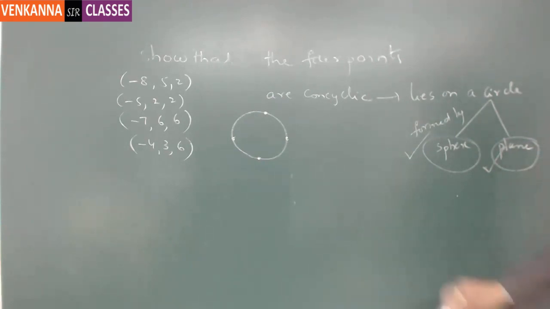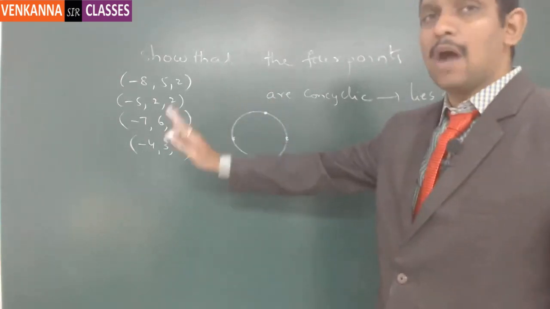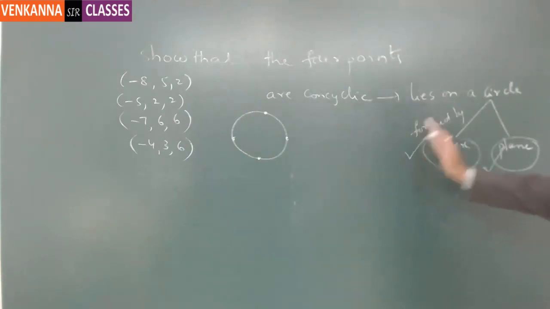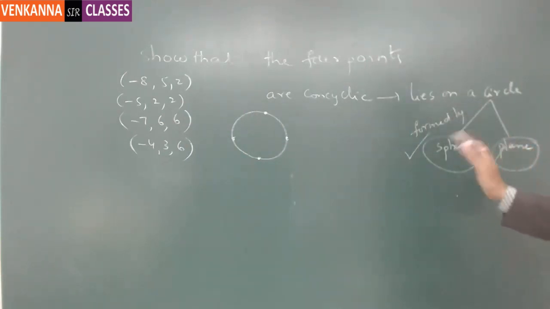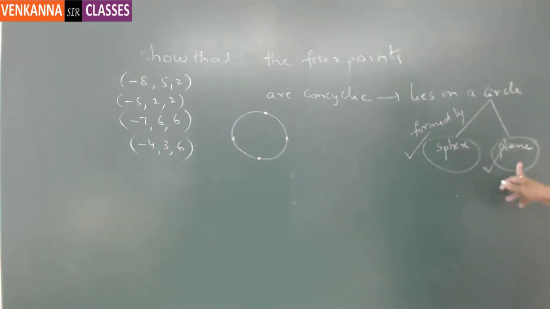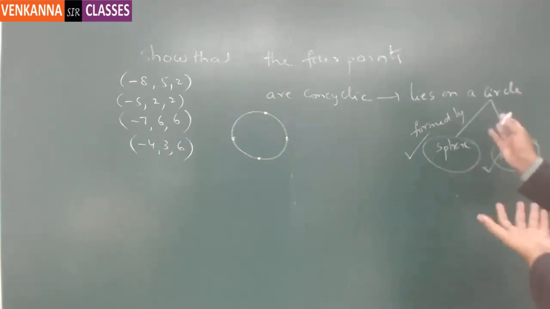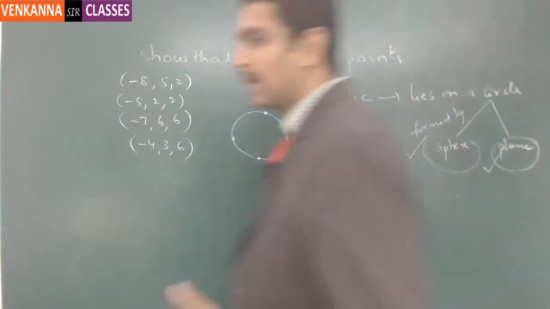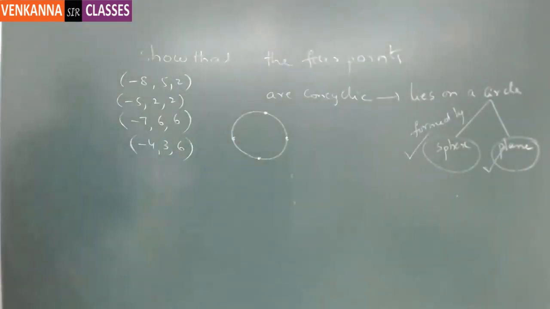So the 4 points are common for the sphere as well as the plane. So obviously these two are intersecting, and that intersection is by default a circle, as we know. Fine. That is the whole idea.